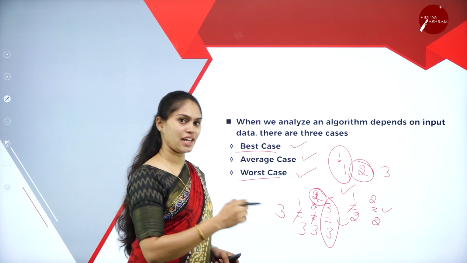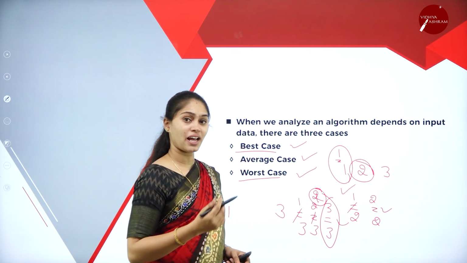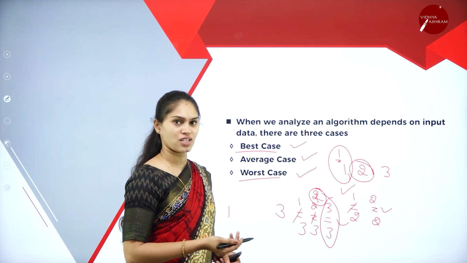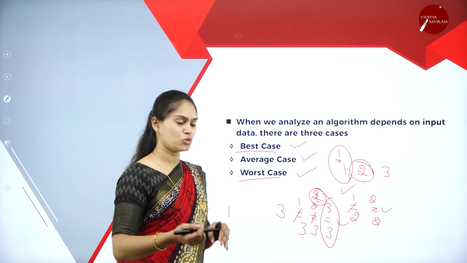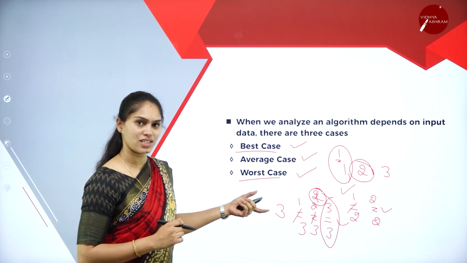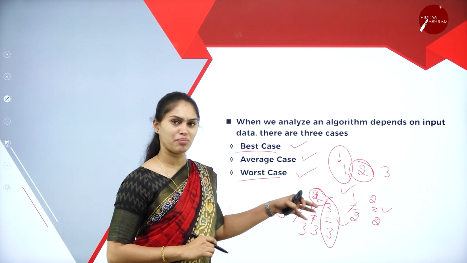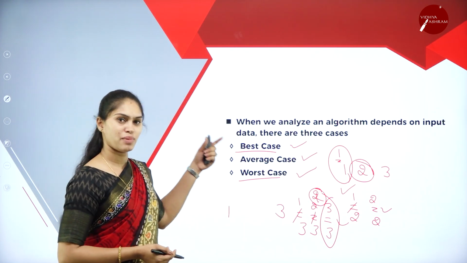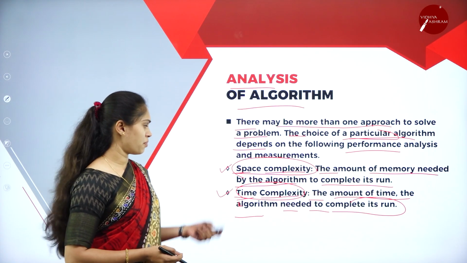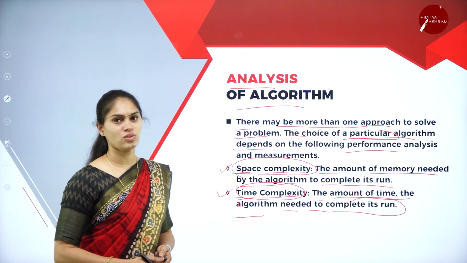I didn't get this 3 in the first location, nor in the middle location. I got it at the last location. So I have traveled through all the values, and at last I found a match. So this will be the worst case. This is an example to help you understand what best case, average case and worst case are. Based on the time and space complexity, we are going to analyze.